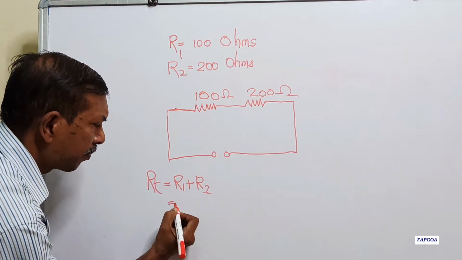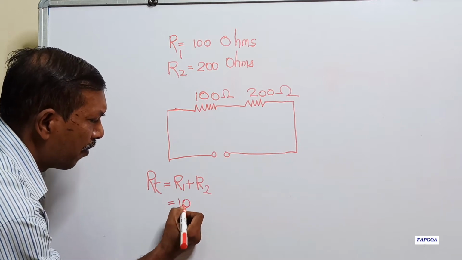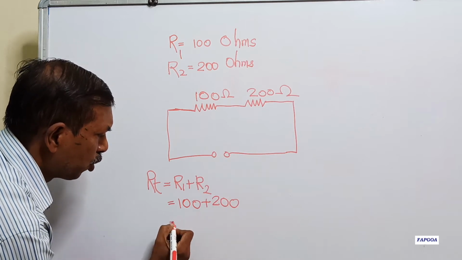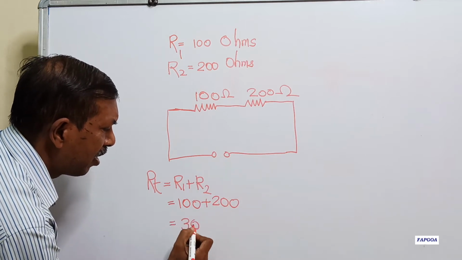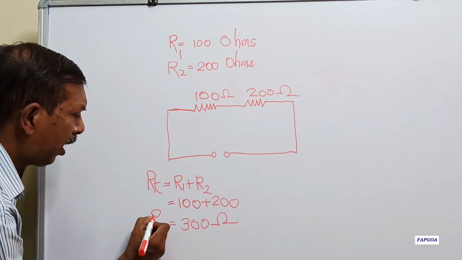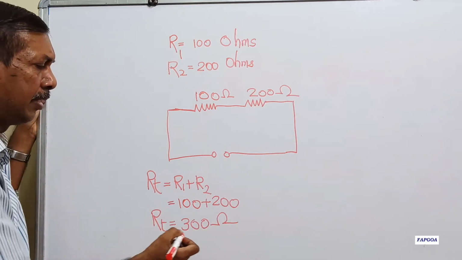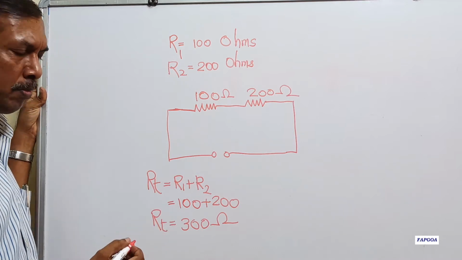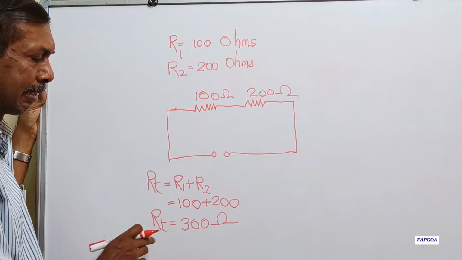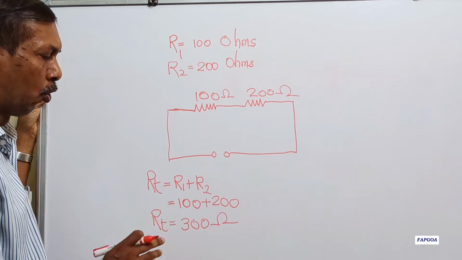Now here this will be 100 plus 200. So that is 300 ohms. So RT is equal to 300 ohms. So the total resistance of this circuit is 300 ohms.